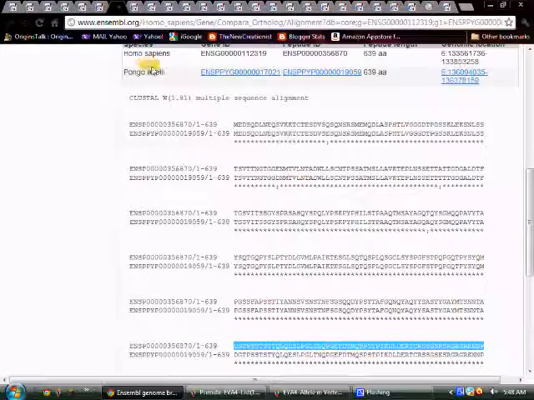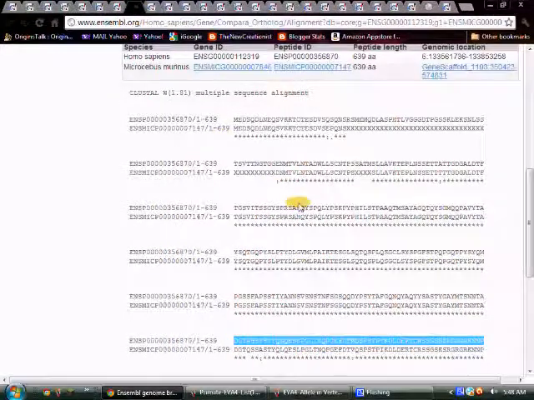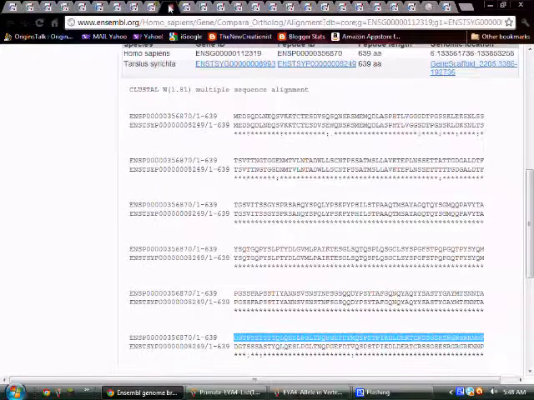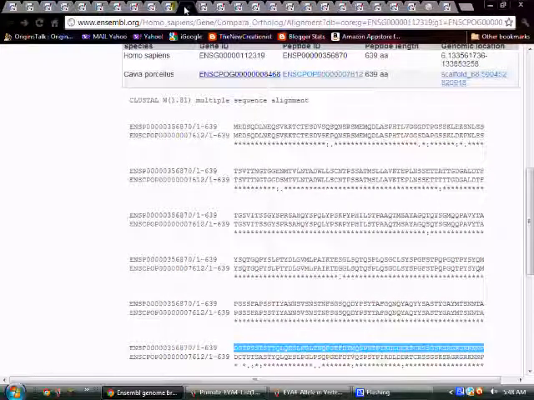In Pongo or orangutan it's not. In Microcebus murinus, which is mouse lemur, it's not in there either. In Callithrix jacchus, not. Tarsier, not. Okay, so that's the primates.